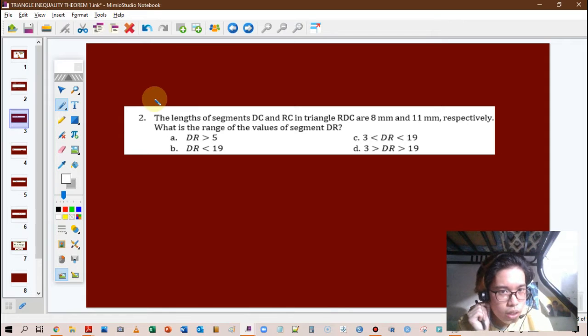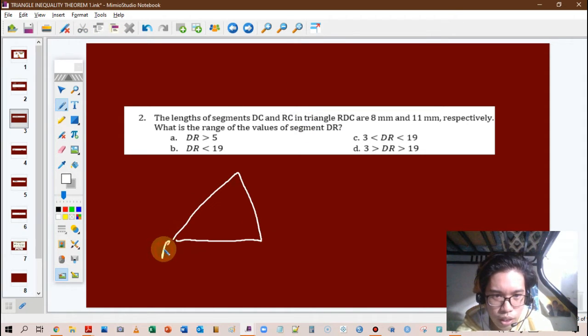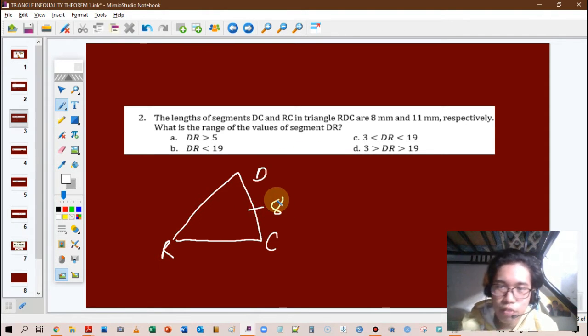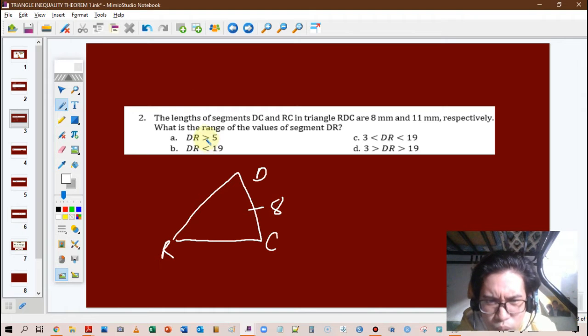For the second one, the lengths of segments DC and RC in triangle RDC. Let's try to draw that. We have triangle RDC with 8 millimeters for DC and 11 millimeters for RC. What is the range of the values for segment DR?